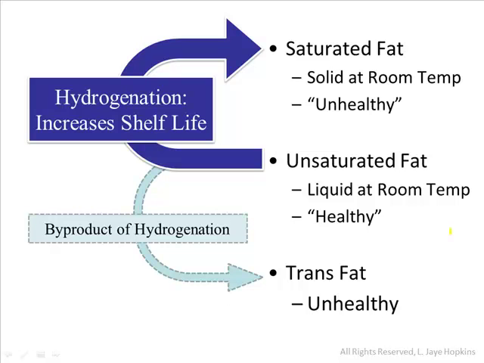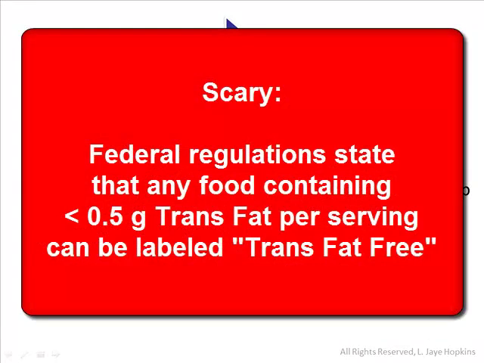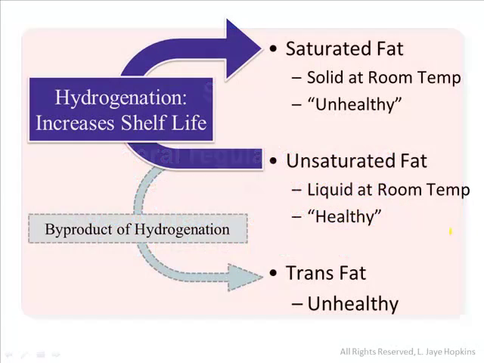And in that process, it creates more trans fats. So don't believe a food label that says there's no trans fat present if the same food label also includes partially hydrogenated anything. It's a natural byproduct, so it's naturally going to be present even if it's in very small amounts.